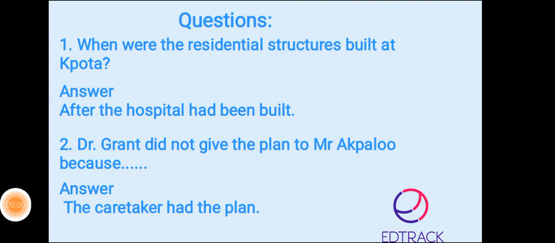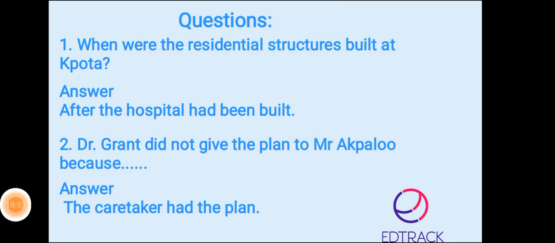So now we are going to see the three forms of questions I mentioned earlier in the questions we have on this passage. The first question, I believe you could see that it is a direct question because that answer is obviously stated in the passage. When were the residential structures built?